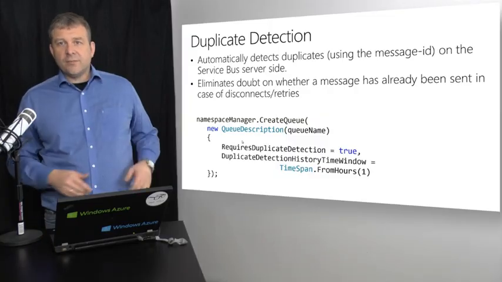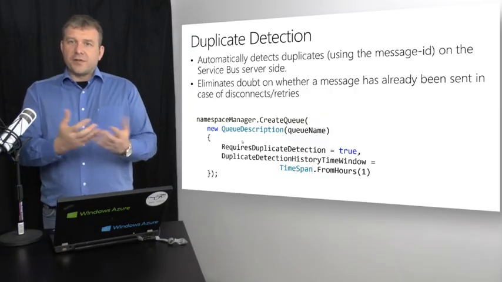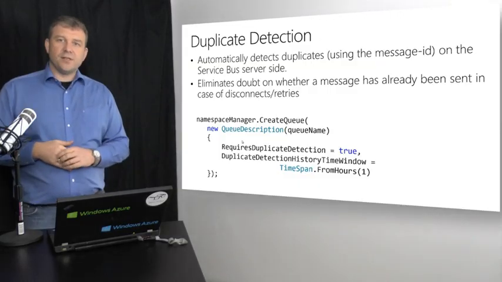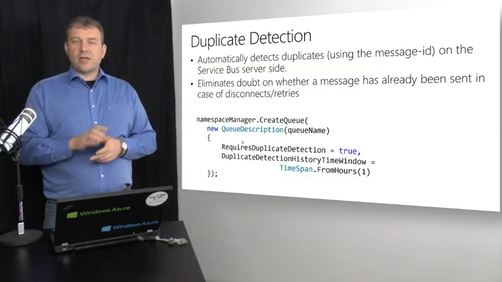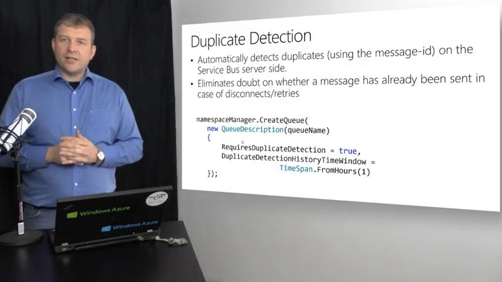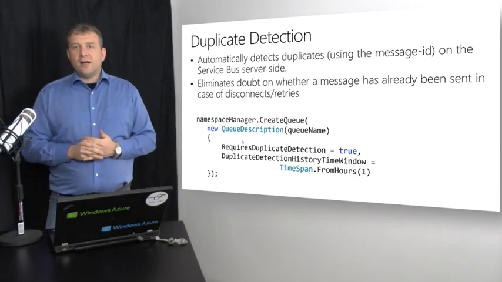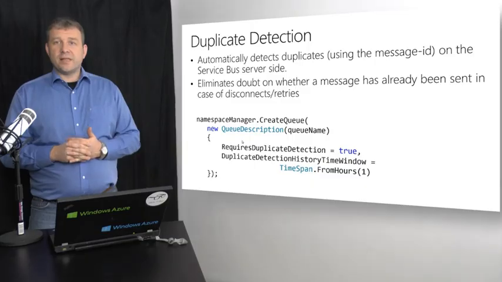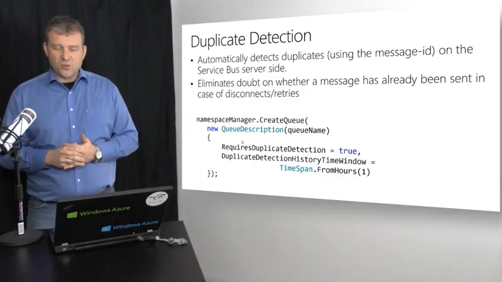Duplicate detection. For the cases when you, for instance, have a race like the one that I called out before in Time to Live, you send the message, and then you can't quite know whether the message has been processed or not, and you're inclined to send that message again. It would be a problem if you were sending a message twice and then it gets processed twice.